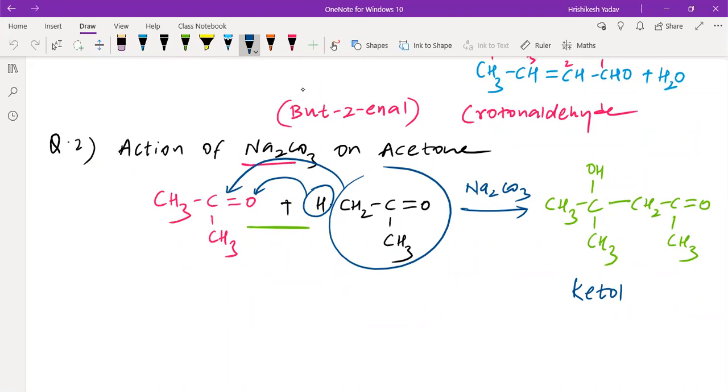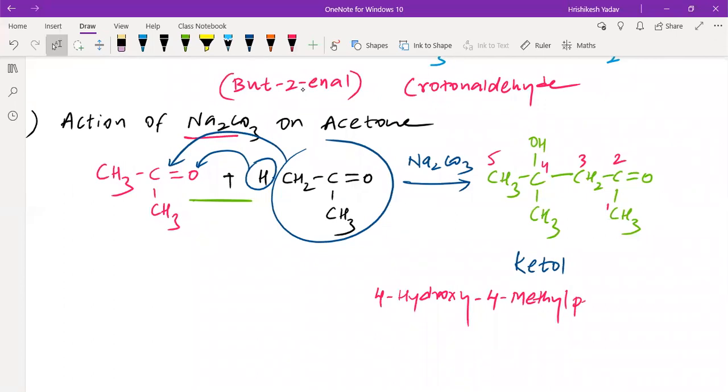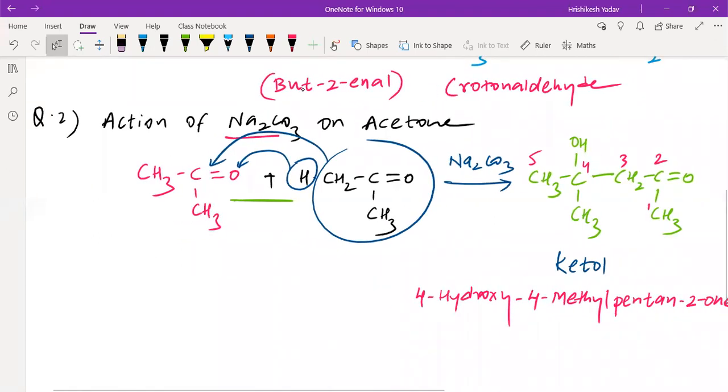Now, what is the IUPAC name of this? So carbon number 1 here, 2 here, 3, 4, 5. While writing, first we'll start with 4-hydroxy and 4-methyl. 4-hydroxy, 4-methyl, and we have 5 carbons, so we'll write pentane-2-one, because on the second carbon, as you see, the functional group is there.